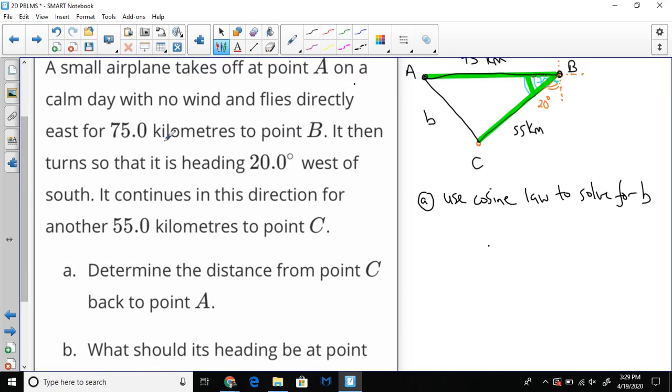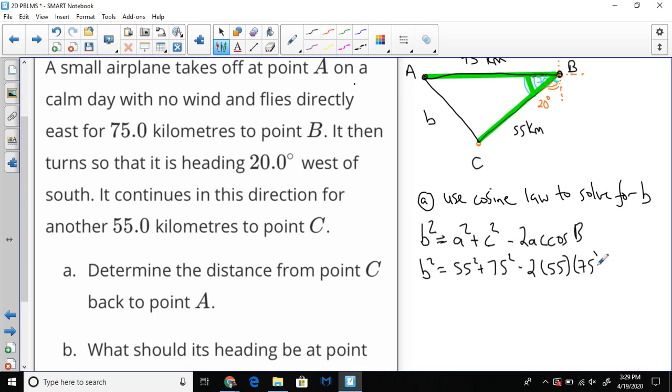If I plug in what we know, it's going to be b squared equals a squared plus c squared minus 2ac cos of angle B. So b squared equals 55 squared plus 75 squared minus 2 times 55 times 75 times cos of 70.